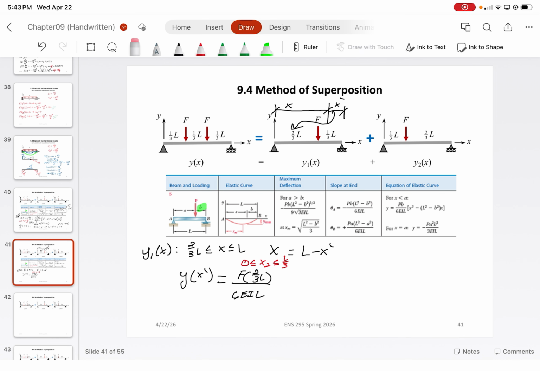We're replacing X with L minus X prime. So we have L minus X prime cubed minus L squared minus B squared, which is 2 over 3L. And then that whole thing gets multiplied by X, which we're calling L minus X prime.